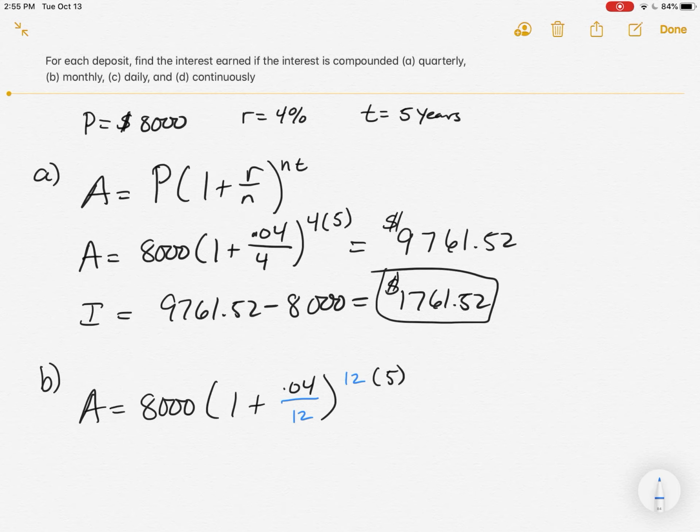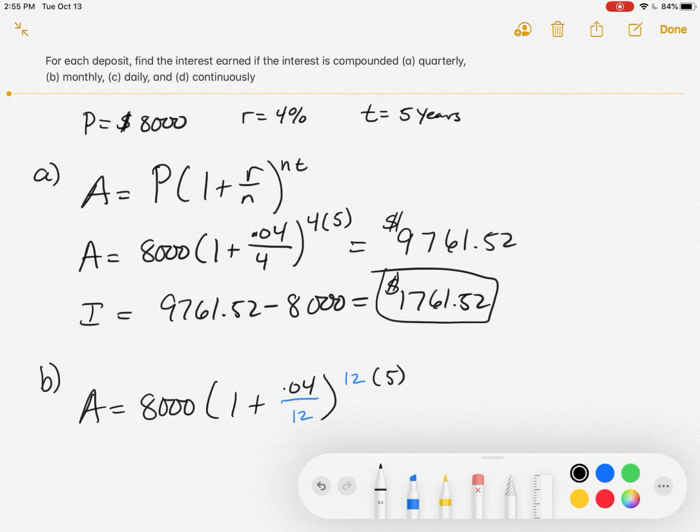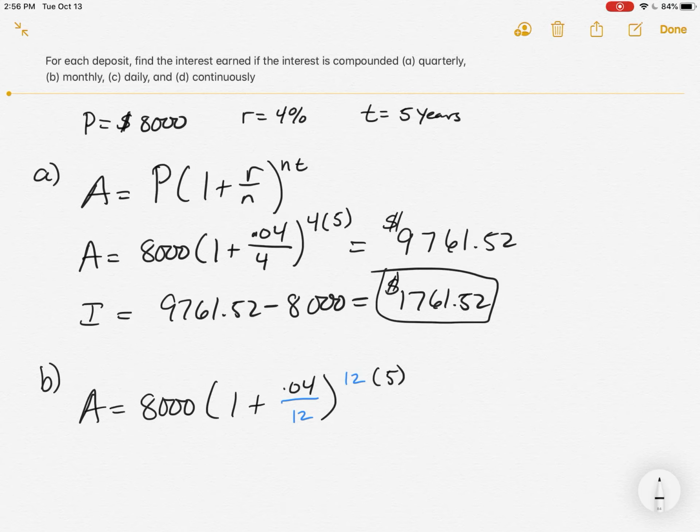And so we would then run this calculation: 8,000 times (1 + 0.04/12), to the, in open parentheses, I almost didn't, I would have had the wrong number, 12 times 5, or 60.